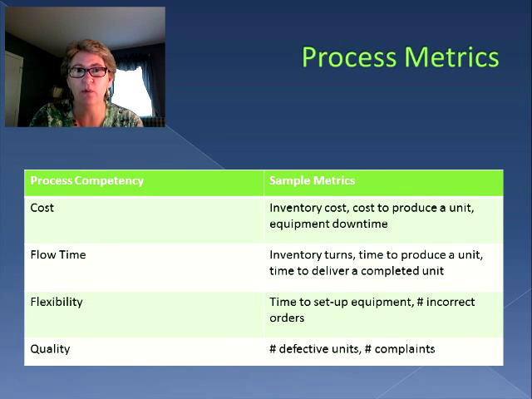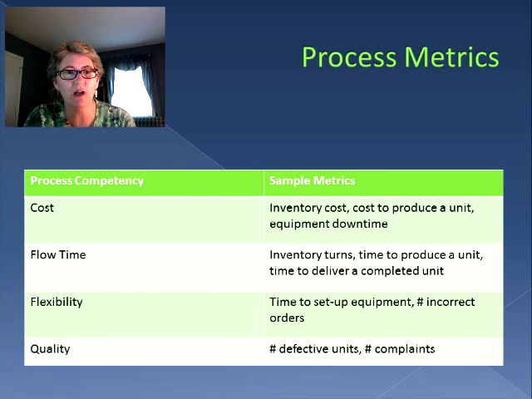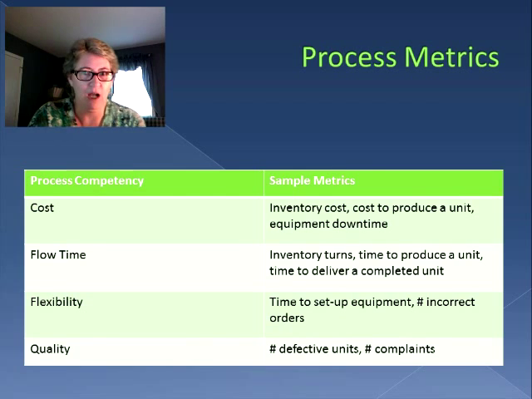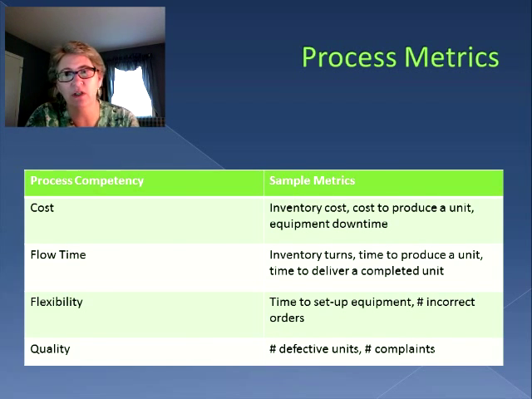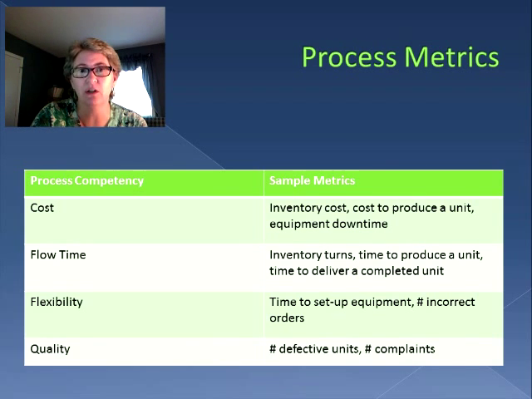These are things that would attribute to cost, and that is a process competency that we want to be aware of. For flow time, if we're trying to track how long it takes, then how long is something sitting in inventory? How long does it take to produce a unit? How long does it take for us to actually deliver a completed unit?